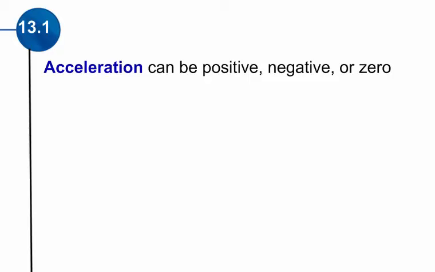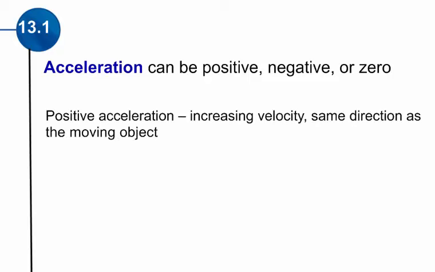Acceleration can actually be defined as either positive, negative, or 0, and that's how we're going to define acceleration. Positive acceleration: if an object is increasing velocity, and let's imagine the velocity was going in this direction, and we put some positive acceleration on it, it's going to be speeding up, increasing the velocity.